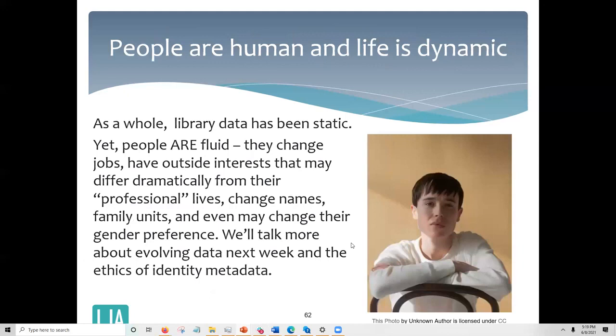And people are human and life is dynamic. This is one of the things I think has been a real challenge for library data especially: our data has been much more static, and people are so fluid. We're going to talk much more about how people change. It's even things like outside interests that may differ dramatically from professional lives.